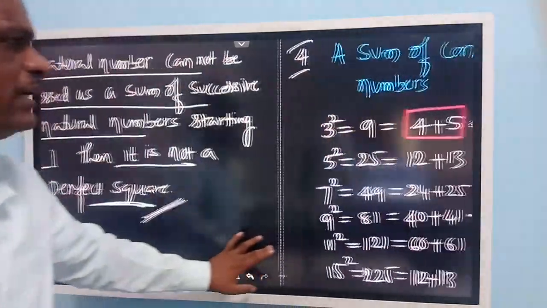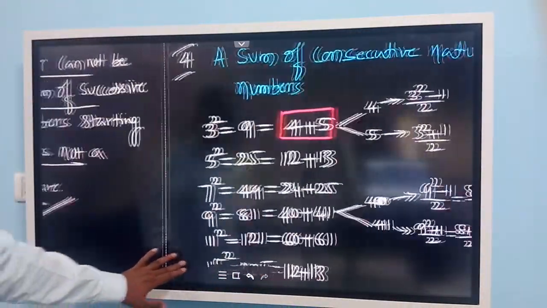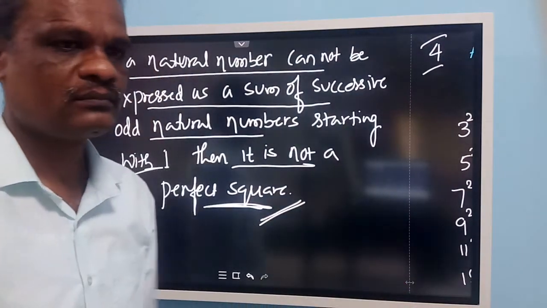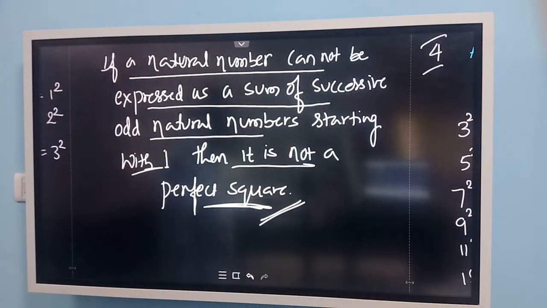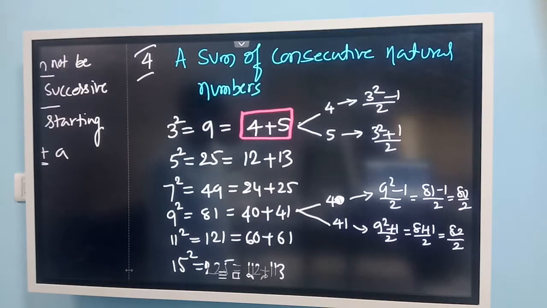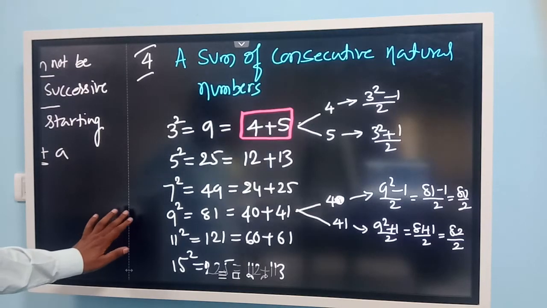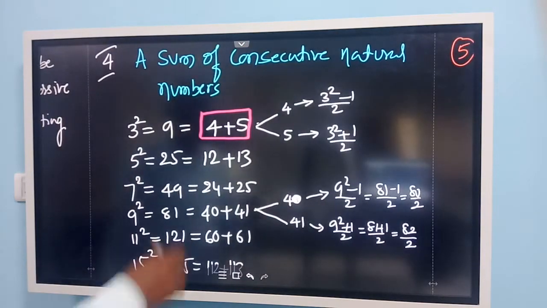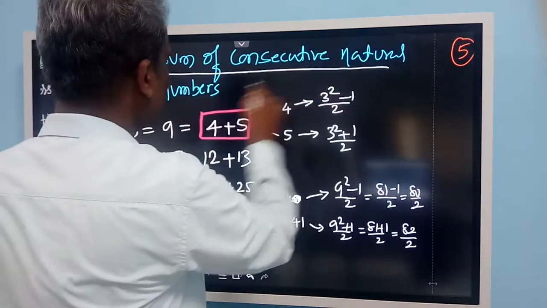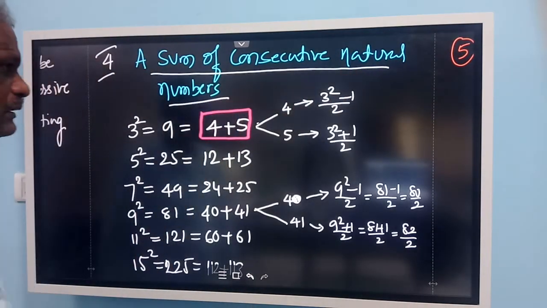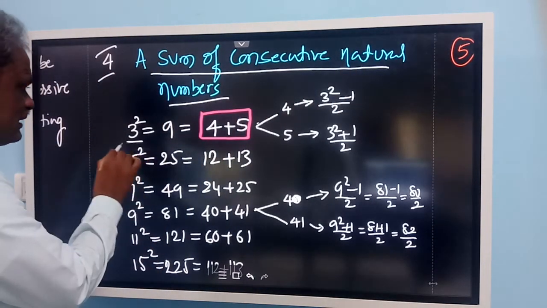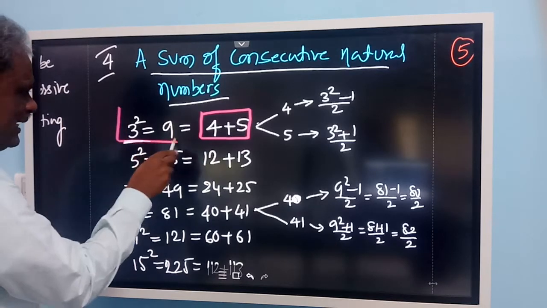Now we will go to another important pattern. So this is the sum of consecutive natural numbers. Here is 3 square. 3 square is a square number, 9.